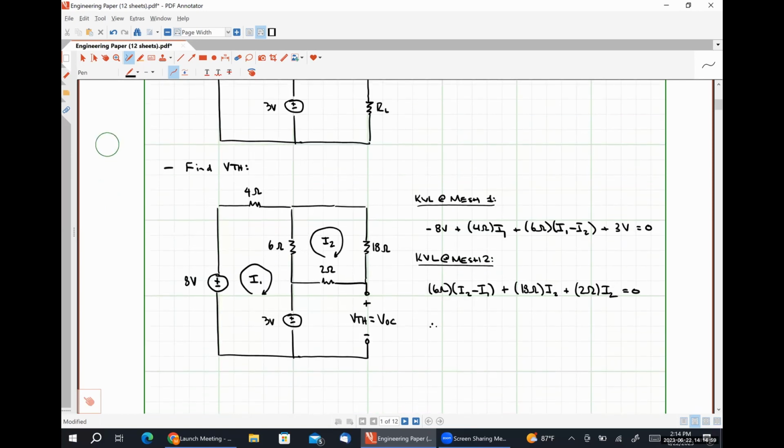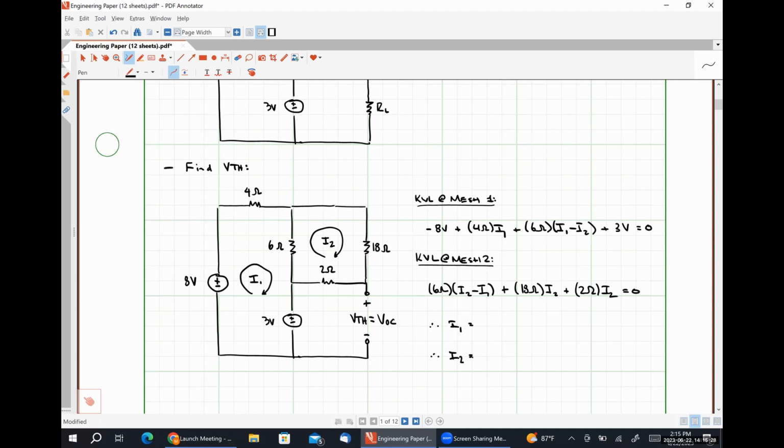And so now I'm going to solve this system for I1 and I2. I'm using a TI calculator today. This is a 2-equation, 2-unknown system. My coefficient for I1 looks like 4 plus 6 is 10. My coefficient for I2 in my first equation is negative 6. And then I'm going to have 8 minus 3 is 5.